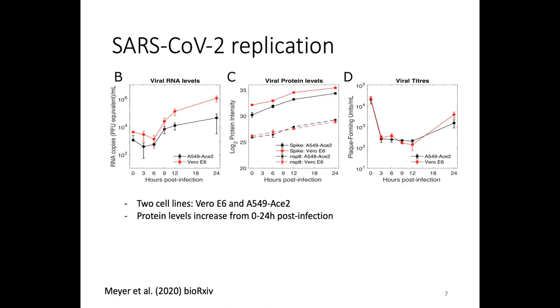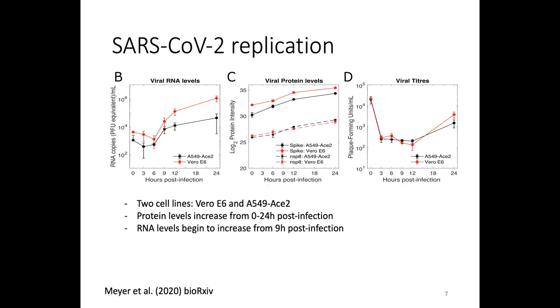We studied infection from 0 to 24 hours post-infection at a multiplicity of 1. If we look at viral protein levels, we do this by mass spectrometry, we see smooth increases from 0 to 24 hours, at least at our time points taken. These were 0, 6, 12, and 24 hours post-infection.